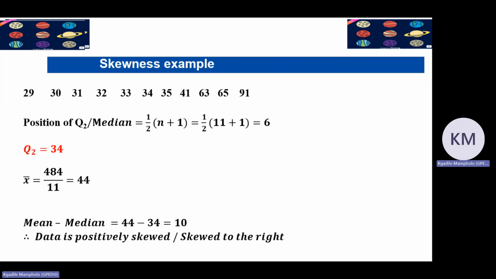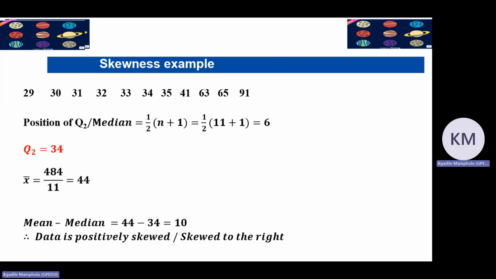Now, let's look at the skewness example. Let's say you are given the data set of 11 terms as shown on this slide. Because the box and whiskers diagram is not drawn here, you can either choose to draw the box and whiskers diagram, calculating the 5-number summary, or you can just calculate the median, which is the Q2, and then calculate the mean, because then you check the difference.